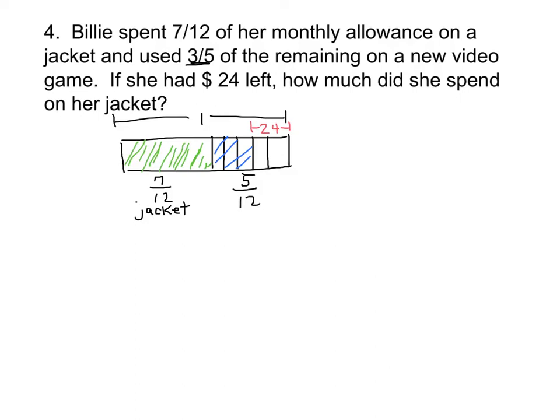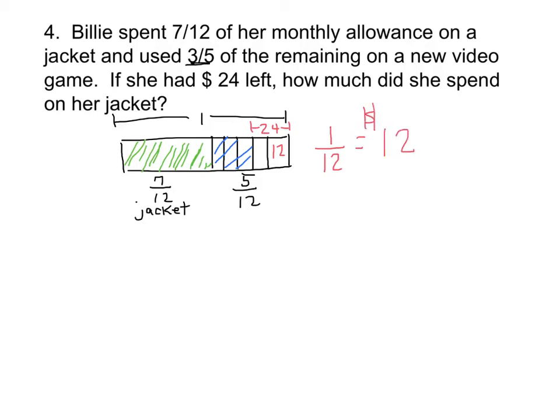So at that point, if 2 of these pieces are $24, then I know that 1 of these pieces is $12. So if I think about my whole, if this remaining part is 5/12, then I can say 1 of those pieces, or 1 of those 12ths, is equal to $12.